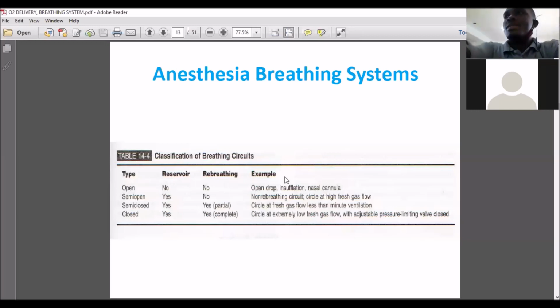You breathe this out. What you breathe out goes to a certain reservoir somewhere. When it goes to that reservoir, it comes back. But in the system that is bringing it back, I add in oxygen. So you're breathing partly what you breathed out, plus the new oxygen I've put in.